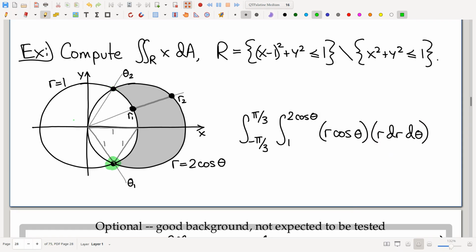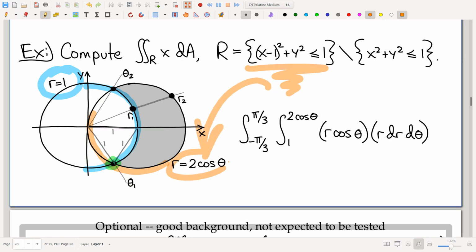How do I determine that value of theta? There's a couple ways you can do it. The obvious way to do it is to notice it's on that curve with that equation, and it is also on that curve, which has that equation. Make that an equals instead of a less than or equals, which is in rectangular coordinates, which you could then convert to polar coordinates, which would give you this.